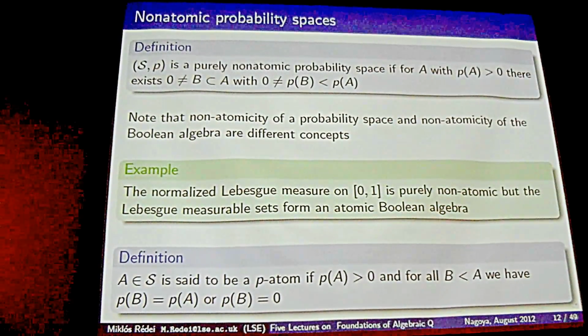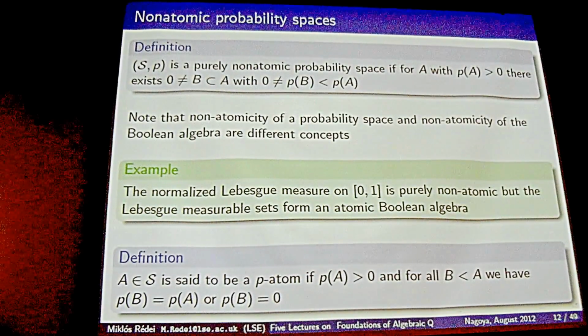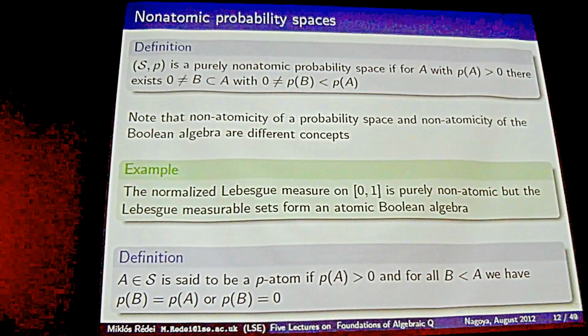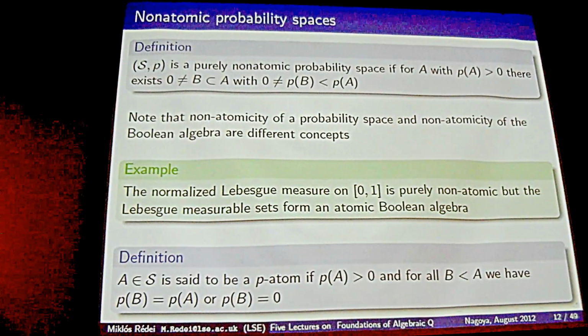There is no smallest probability event in that probability space. And if this is true, then this space is called non-atomic in the measure theoretic sense.